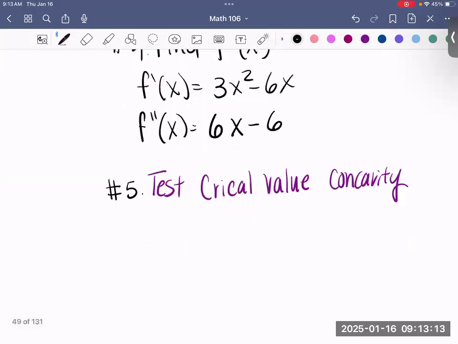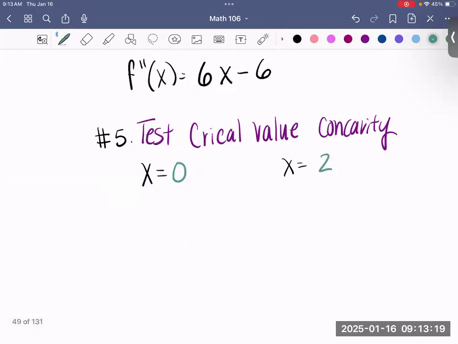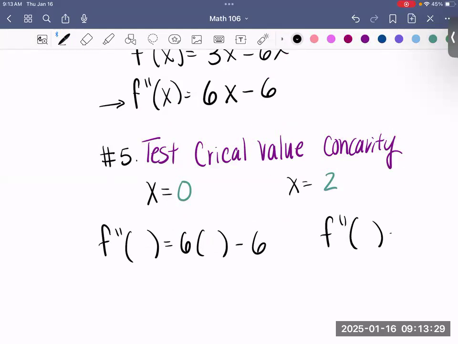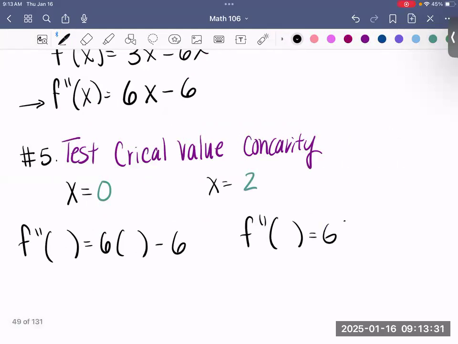So we know that we have x equal to 0 and x equal to 2. And we're going to put it right into your second derivative and test it. Let's go ahead and plug it in.